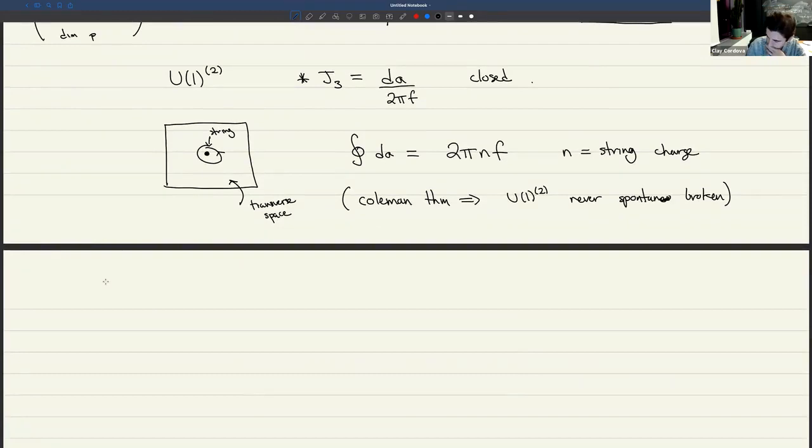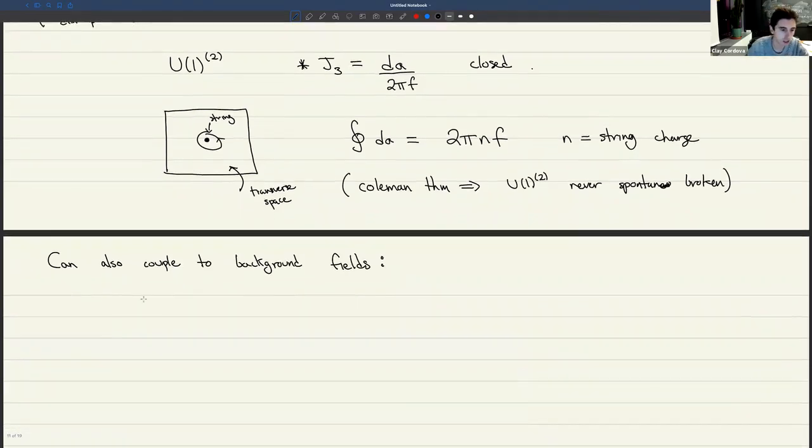Now, it's useful to describe the symmetry also by coupling to background fields. So how would we couple to background fields? Well, we know what we're doing usually with an ordinary symmetry.